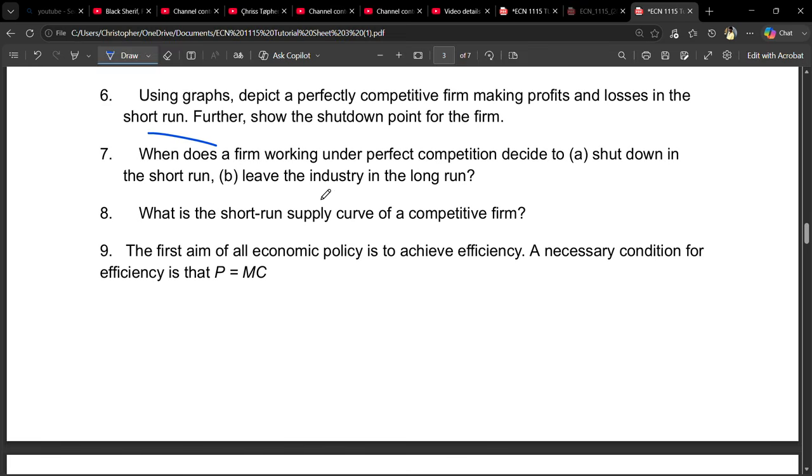So it would decide to shut down if price is less than the average variable cost. In the short run, it will shut down. In the long run, the firm will leave the industry if the price is less than the average total cost.